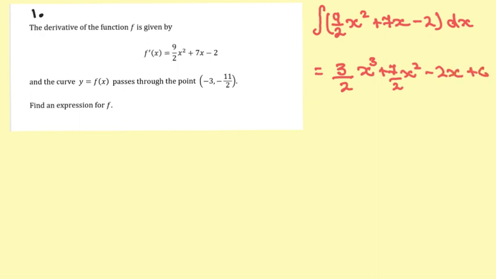Now we're given the boundary condition that when x is minus 3, y is minus 11 over 2. So we can put that into our function now.